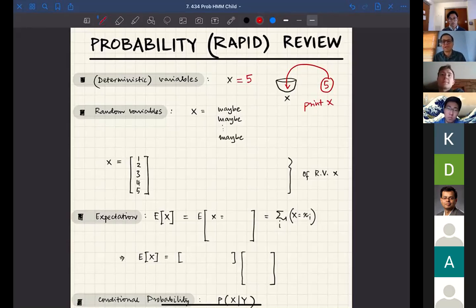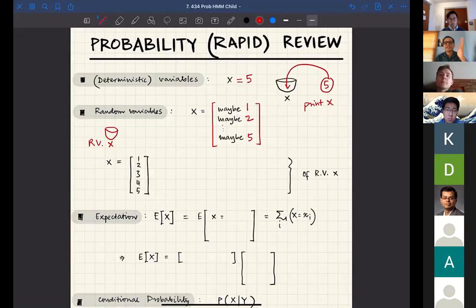Random variables are no different. A random variable is also a container. Random variable x. Just that instead of putting 5 in that container, it might have 1, might have 2, might have 3, might have 4, might have 5. So instead of putting 5 in that container, I'm saying that I could put 1, I could put 2. I don't know what this container has. It may be 1, maybe 2, maybe 3. So why don't I look at this as a vector?